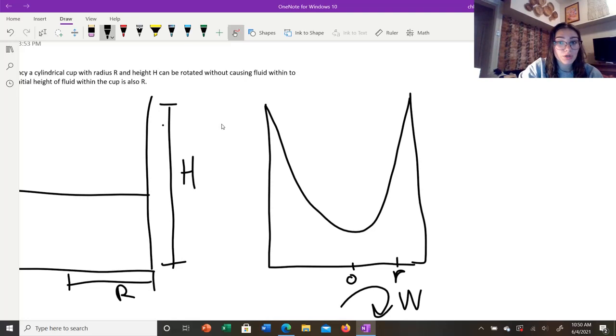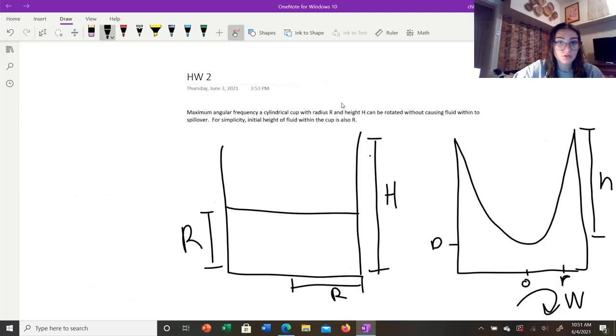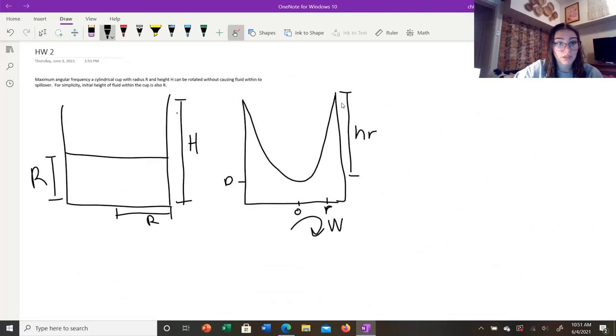When little r equals big R, we'll be at the edge of the cup, but we are just at some distance in between. We're going to call this level right here D, and the height from D to the top we're going to call HR. So right now, this is what we're working with. In the end, we are trying to solve for W.